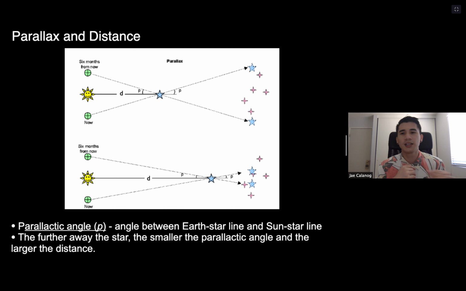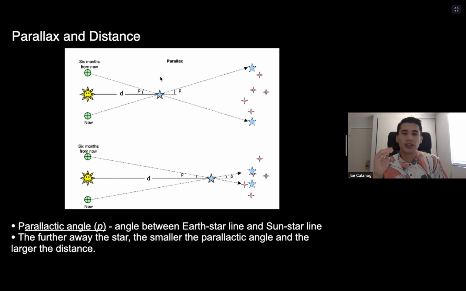And so if you look at this figure here, and if we define a line coming from the sun to the star that we're interested in, and we're going to define another line coming from the Earth to the star that we're interested in, well, those two lines are going to form an angle when they intersect, which is going to be at the location of the star. And so the angle between those two lines that I just mentioned is called the parallactic angle, okay?